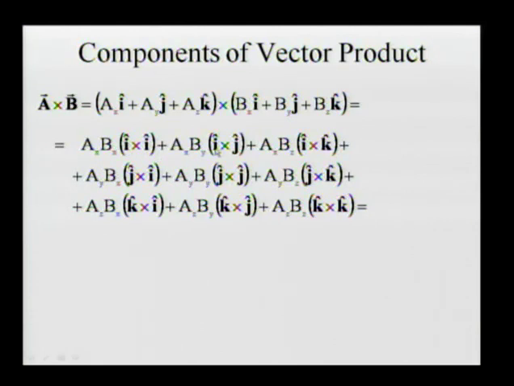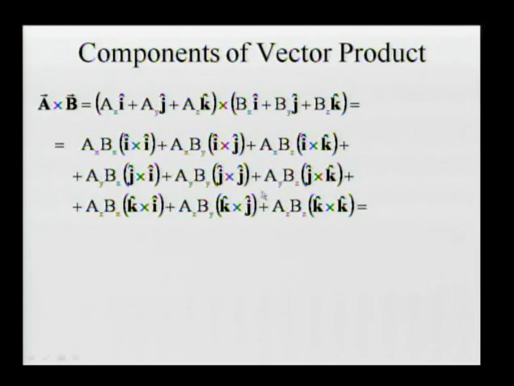Now, look that over here I have i times j and j times i. This one results in k. This one results in minus k. Now here I have j times k. The result is i. Here I have k times j. The result is minus i. So these two, I can also combine.